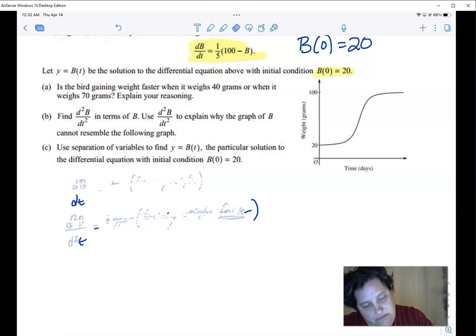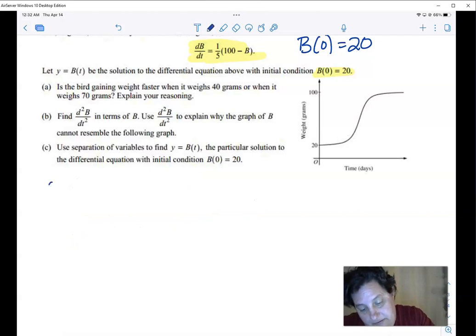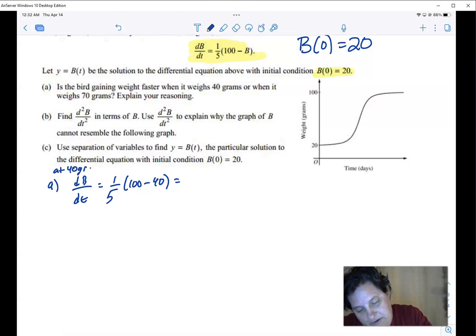Okay, so I suppose we can see if it's gaining weight or losing weight. So dB dt is 1/5 times 100 minus 40 grams. Let me write this down, at 40 grams.